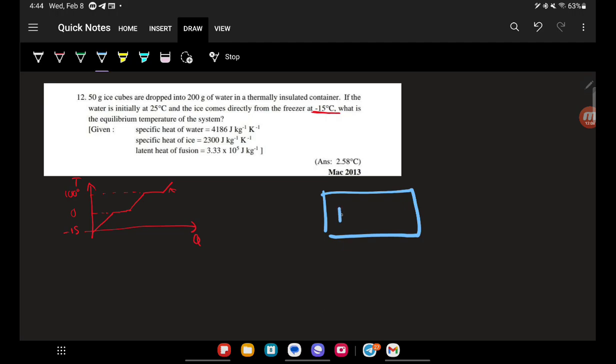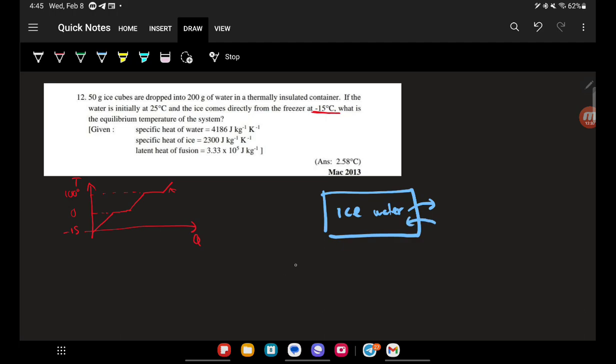So what we have here is ice, and then we're going to have water together. Because of the difference in temperature, there is going to be heat transfer between these two, but there will not be any heat transfer outside of this system, nor into the system.